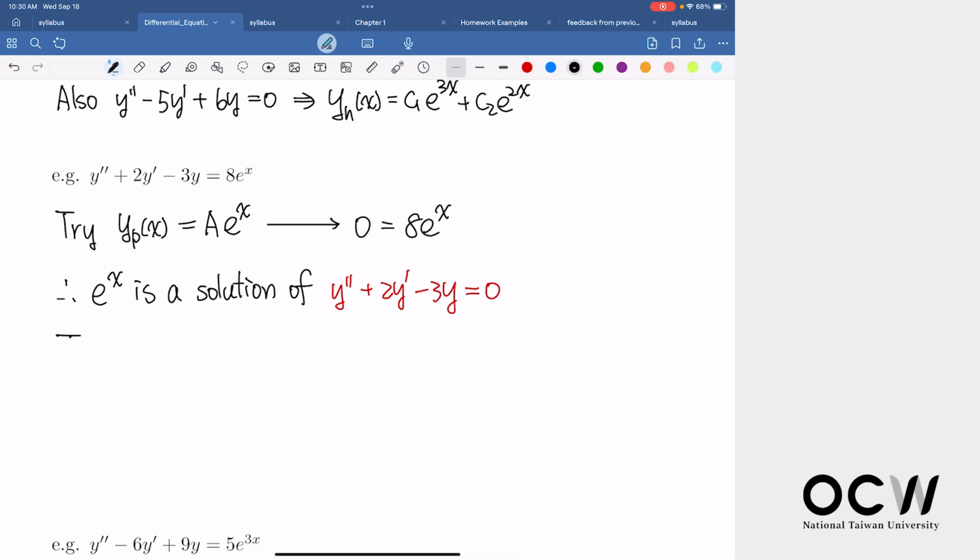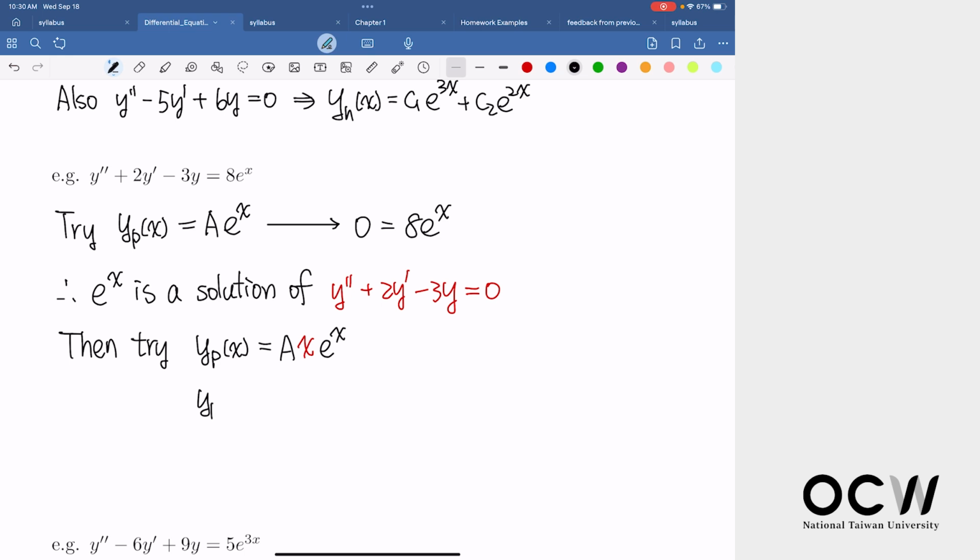So in this case, we will try another one. We still need to have the form of e to the x, because every time when you take the derivative, they can satisfy this forcing term. So here we still have a, but we add one more term, x times e to the x.